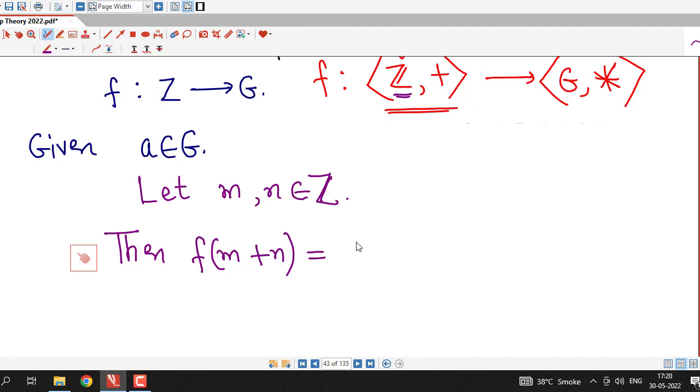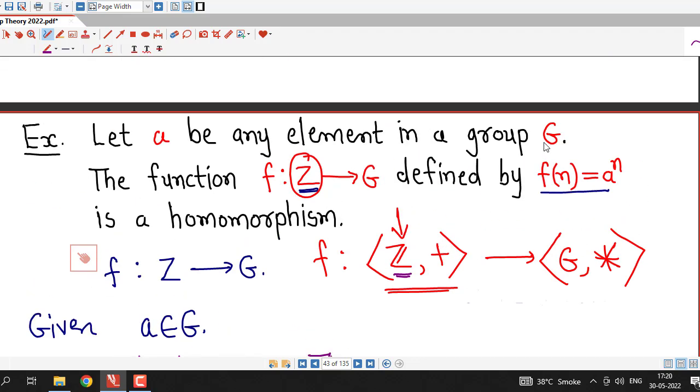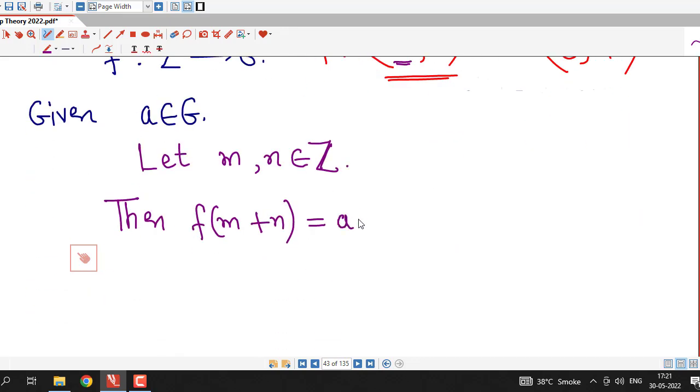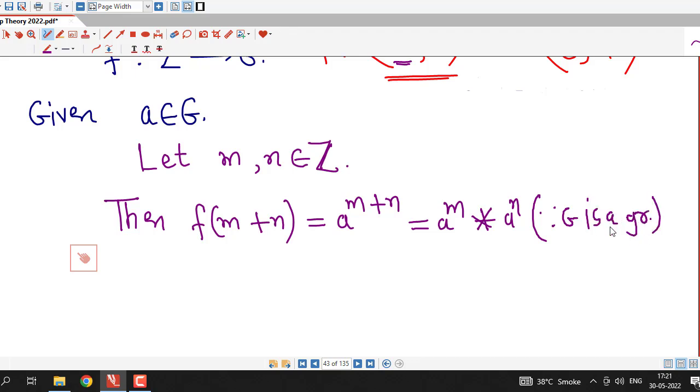Now by the definition of the given function, f of n is a raised to n. So here we have a raised to m plus n, and this I can rewrite as a raised to m star a raised to n, because G is a group and a is an element of G, so this property will be satisfied.